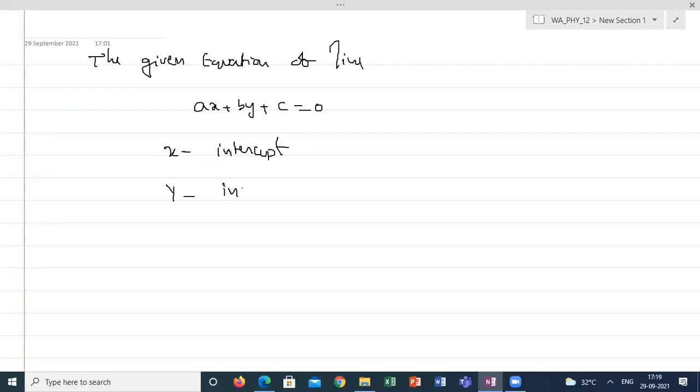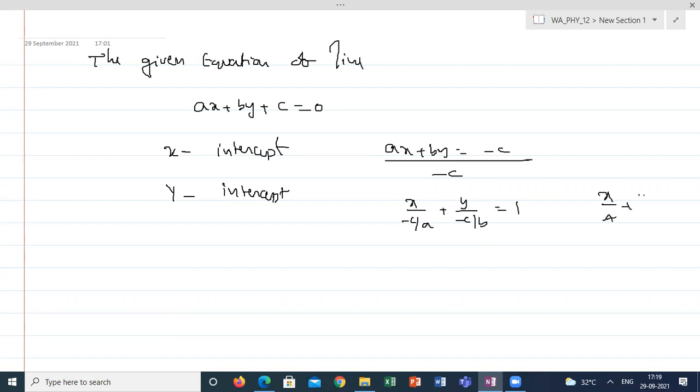What is the meaning of y-intercept? Where the x-coordinate is 0. Simple. So ax plus by is equal to minus c. Divide the whole equation by minus c. Then I will get x by minus c by a plus y by minus c by b is equal to 1. This is looking like x by a plus y by b is equal to 1. So this is your x-intercept, and this is your y-intercept.